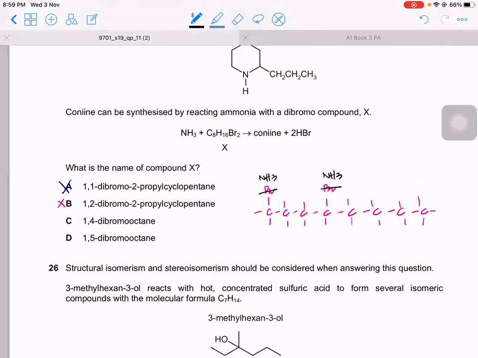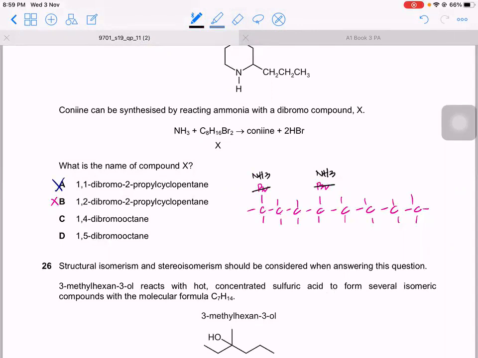Now we try to basically make this a cyclic compound. When we try to make it a cyclic compound, this will become HBr. So this will lose an H, and this will become NH2, and this will become NH2, and we will try to make it this, and these will become 2 HBrs.